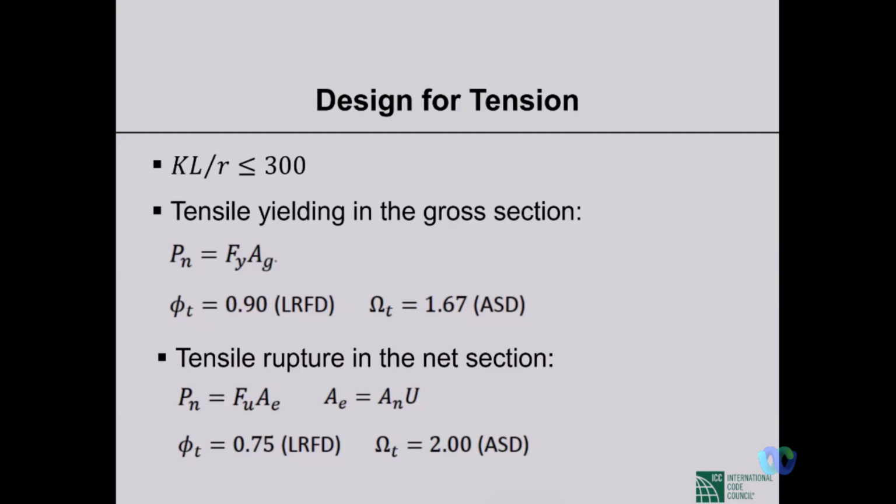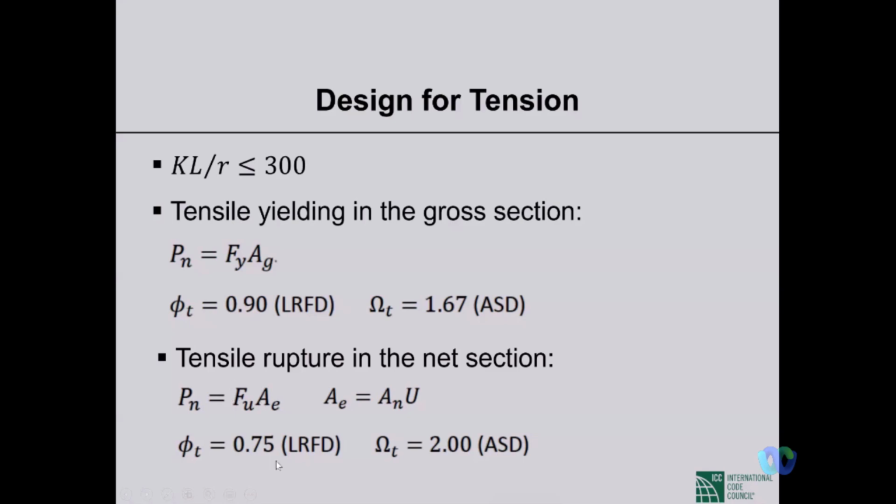For the tensile rupture check, that is the failure check, we will calculate the capacity to be Fu, that is ultimate strength, multiplied by an effective area. Now, what is the effective area? We'll see. So, not the gross area, effective area into ultimate strength.